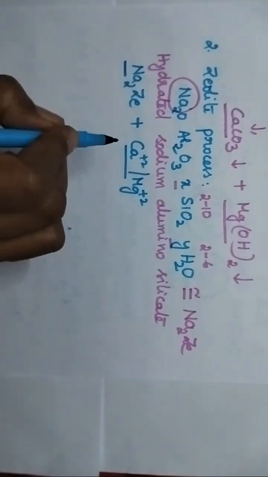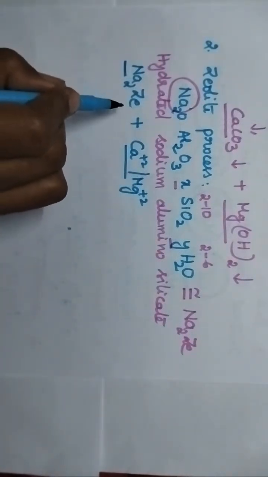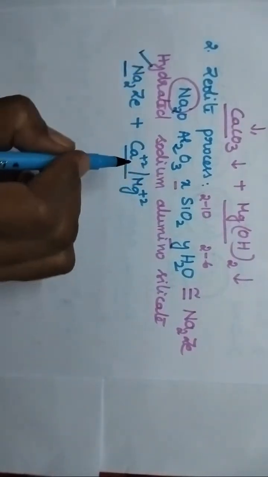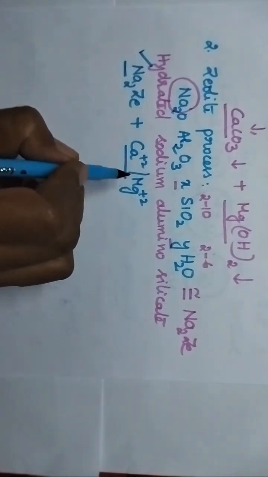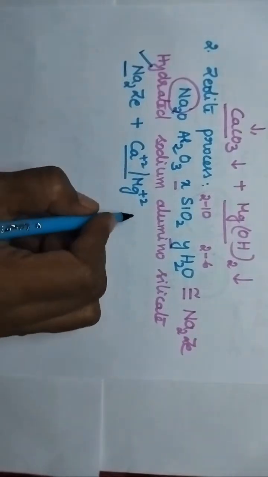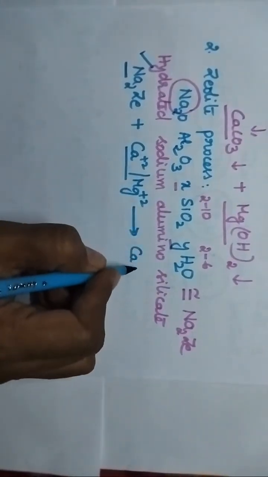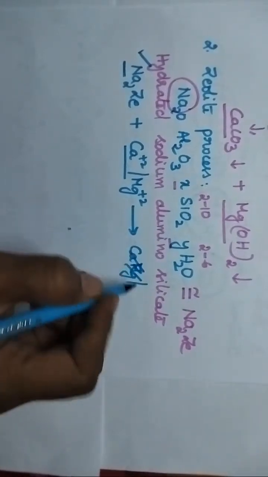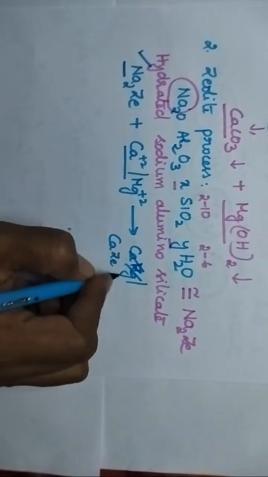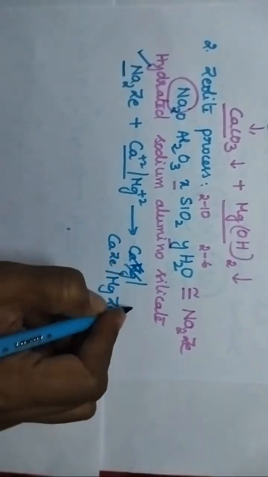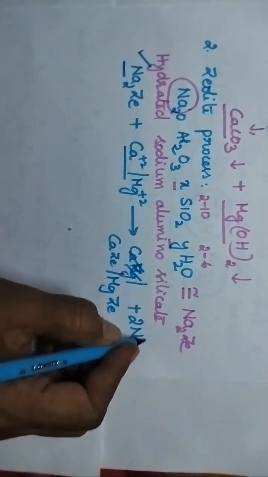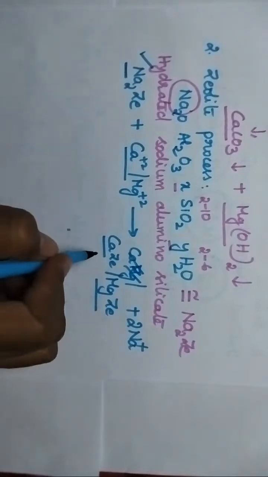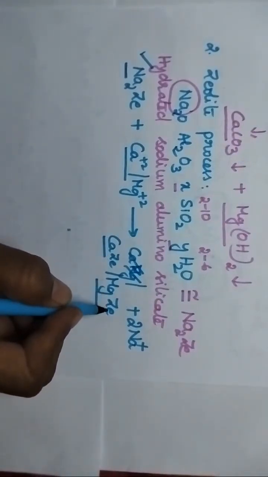Then it results in the formation of calcium zeolite or magnesium zeolite along with the formation of sodium ions.